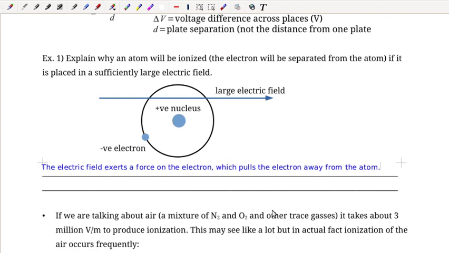And in the case of our diagram here, if we have a large electric field going to the right, our electron will feel a force to the left. This would be the electric force on the electron that rips it off its atom.